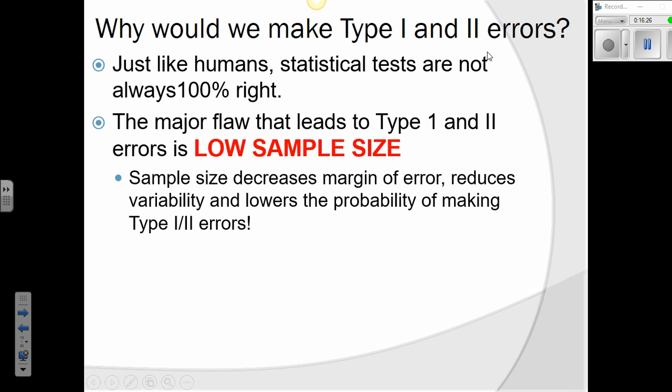So not only does increasing the sample size decrease margin of error and reduce variability, it now, as of today, lowers the probability that you will make a statistical test error. A type 1, type 2 error goes down. So as sample size goes up, margin of error, variability, and the probability of making a type 1 and 2 error are all reduced.